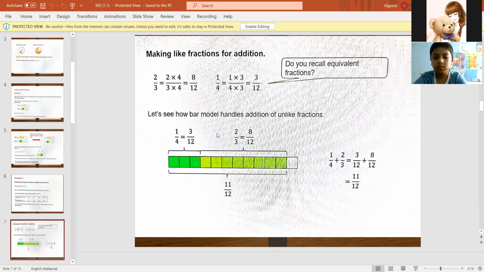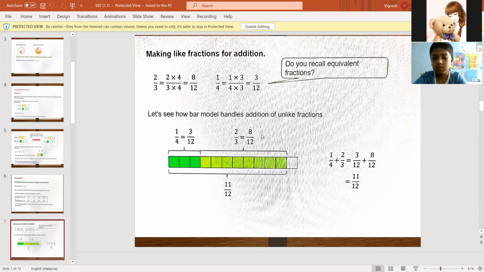And same goes to the second fraction. At first, we had 2 over 3. Then we converted it into 8 over 12 because we did some cross multiplication here. The final answer is 8 over 12. So we need to add both. Correct or not? 3 over 12 plus 8 over 12. So 8 parts shaded out of these 12 parts.